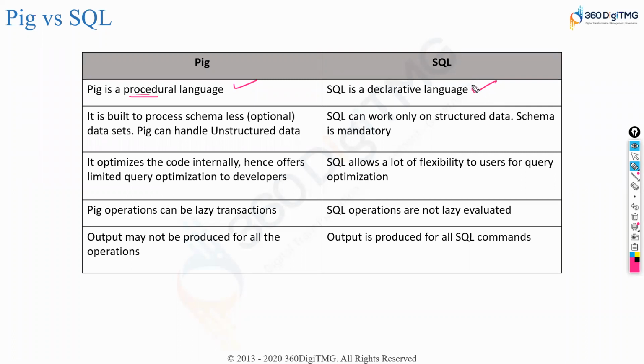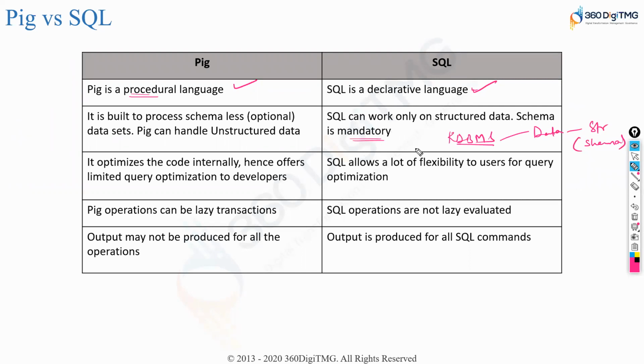Now for SQL, remember it is the interactive language or standard to deal with RDBMS databases, right? And data in RDBMS will always be structured. When I say structured, schema is mandatory.